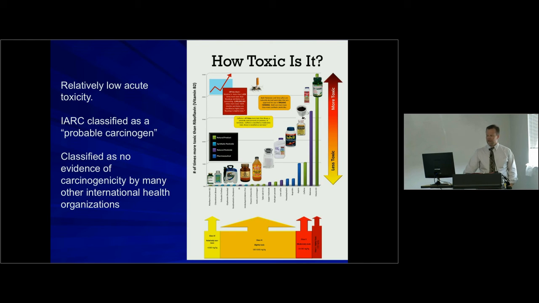It's about as toxic as table salt acutely, and much less than something like, say, Advil. Last year, the IARC classified it as a probable carcinogen, a very, very controversial decision based upon a couple of data points that maybe weren't the best data points. And I think when you look at all of the other world's organizations that classify carcinogens, they did not see this as a carcinogenic problem.